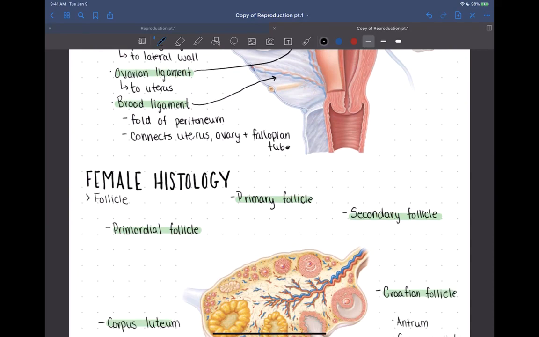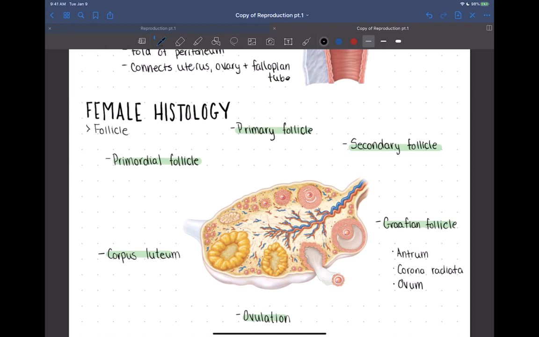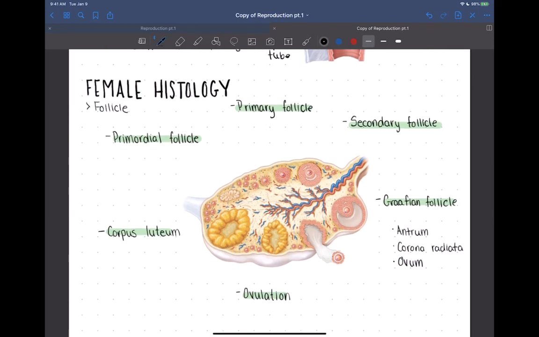And so now let's talk histology. With the histology, we'll go through the different follicles involved in the maturation of that egg, that ovum. So first of all, let's just define what a follicle is.